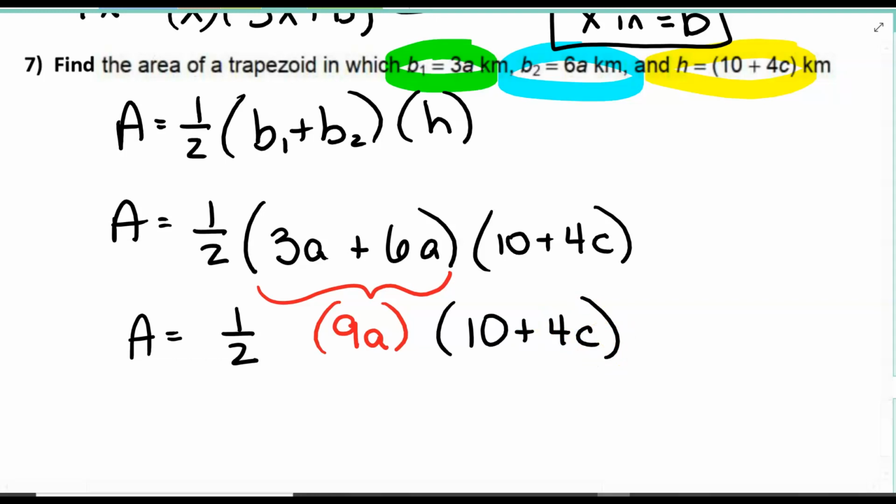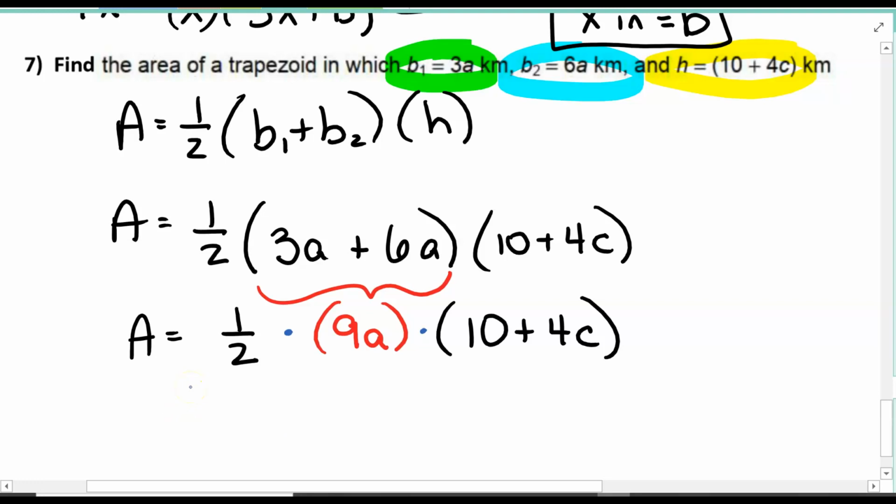Again, if it's a whole series of multiplication, just choose to multiply. I can choose to distribute the 9a here next. I could choose to do 1/2 times 9a. I could choose to do 1/2 times the 10 plus 4c. Whatever it is that you do at this point, it's only two things. That half does not go to both parentheses.